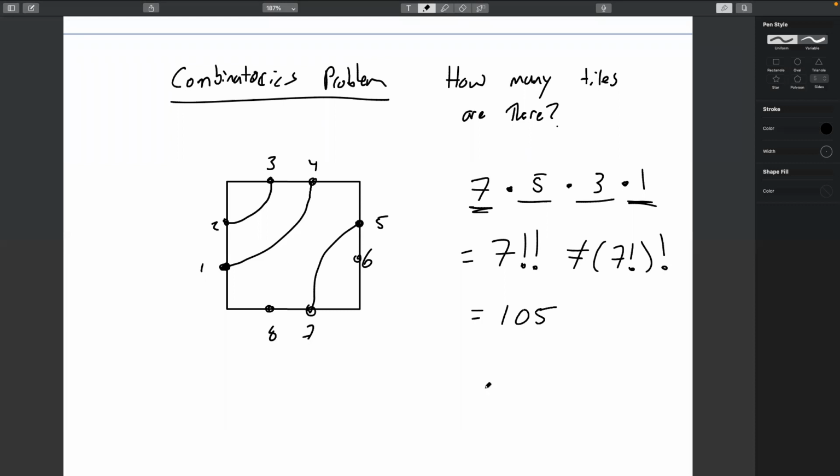So what do you think? Is 105 the right number? Probably not, because I'm asking you the question. But is this too many tiles or not enough tiles? If it's too many, give me a thumbs up. If it's not enough, give me a thumbs down. What do you think?